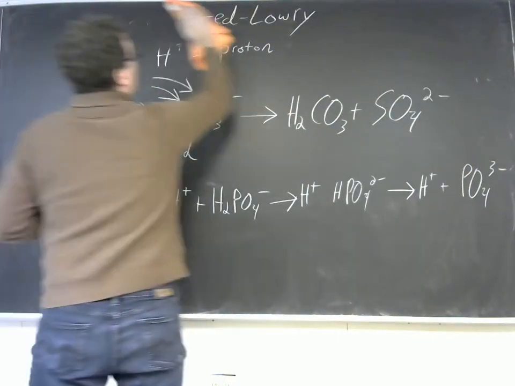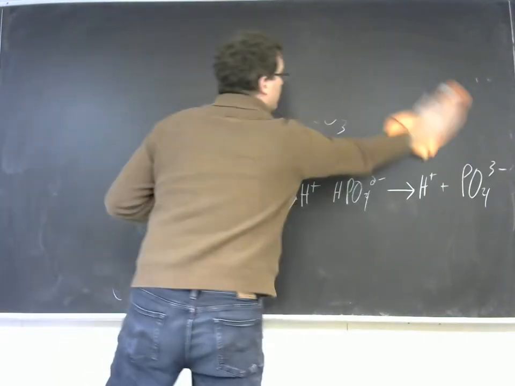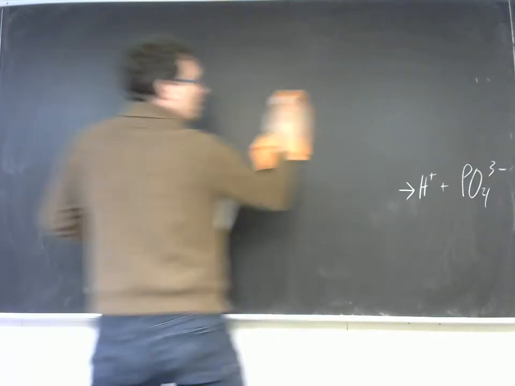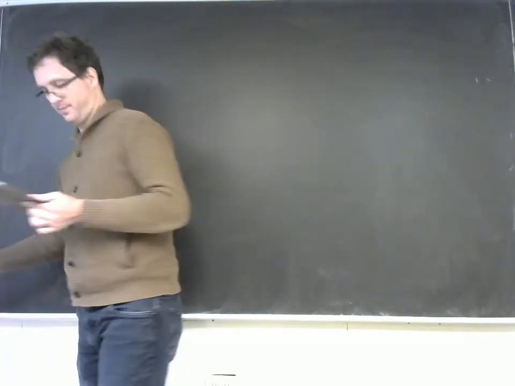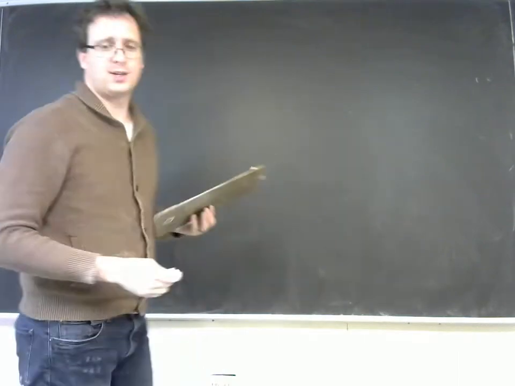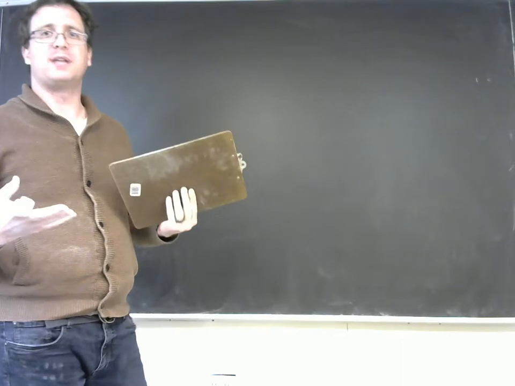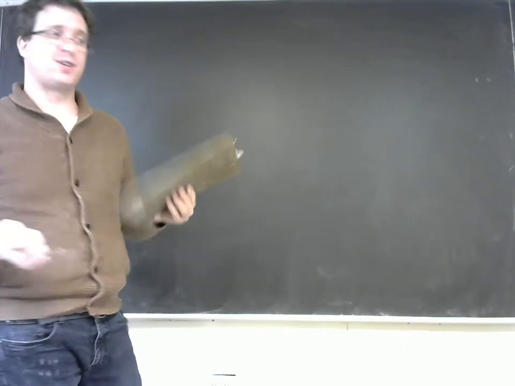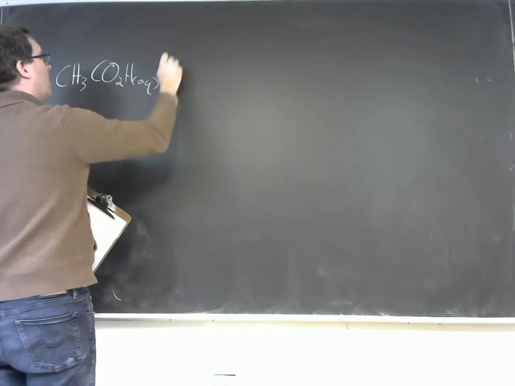I'm going to go ahead and erase Bronsted-Lowry here. Okay, so let's look at an acid-base reaction that will reach an equilibrium. Something like acetic acid plus ammonia.